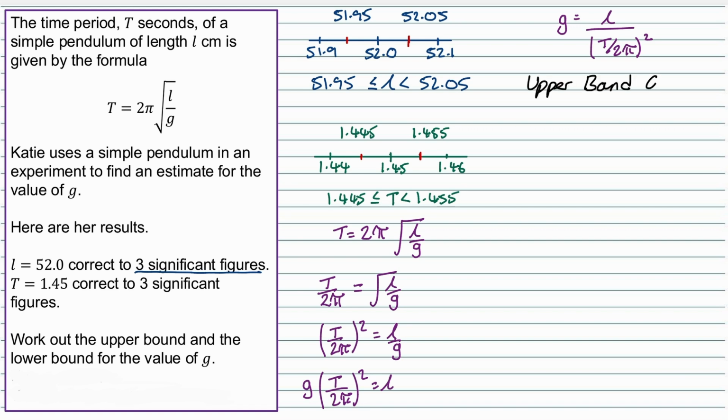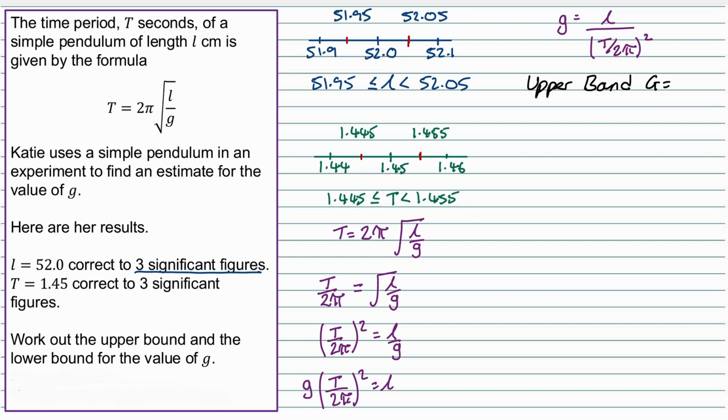So the upper bound for g, well, we want the maximum possible. So this will be the maximum L, the upper bound for L, divided by the smallest possible denominator.